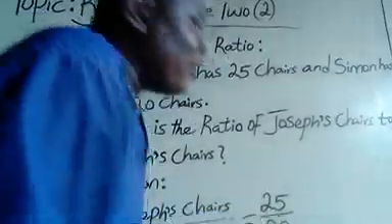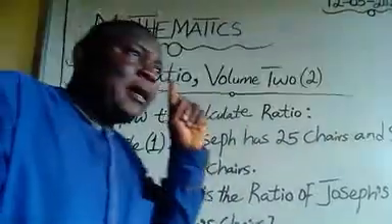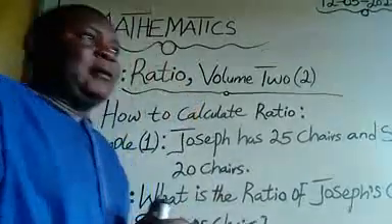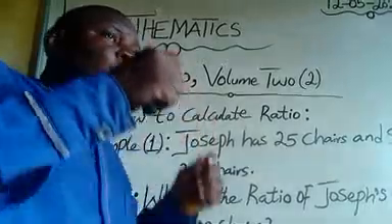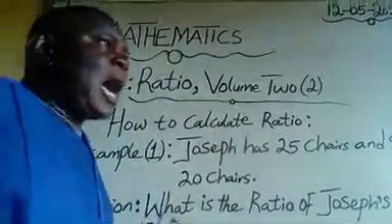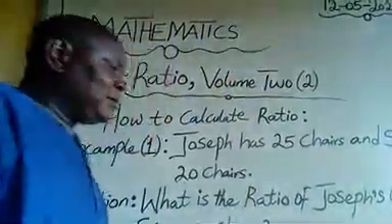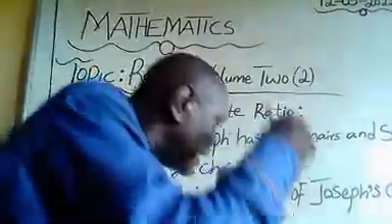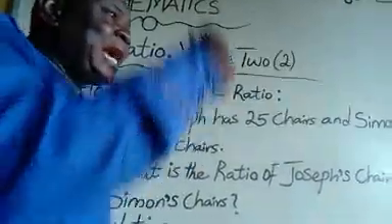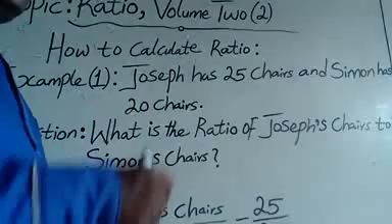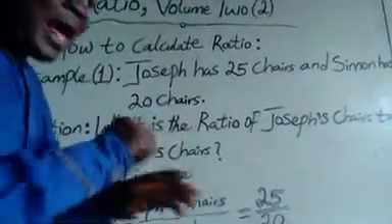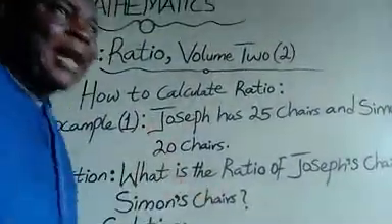Okay. Now, I am going to select a non-zero number. I am going to select a number that I can divide 25 by, that I can also divide 20 by without a remainder.